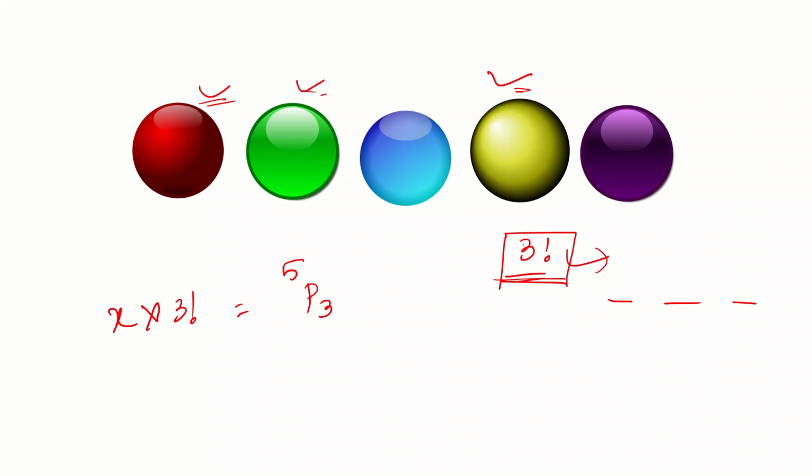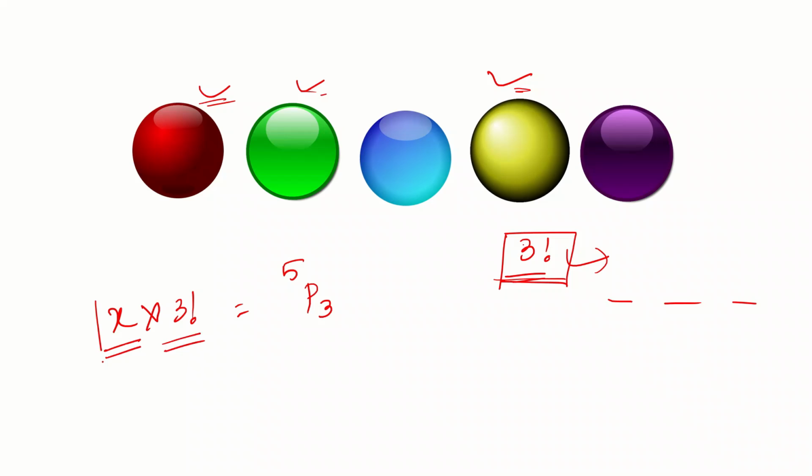So make sure you are very clear about the concepts of permutations. 5p3 is like selecting 3 balls first and then rearranging them, and this is the idea that we are using over here. If we assume that there are x selections that we can make, then for each and every such selection we can have 3 factorial arrangements.